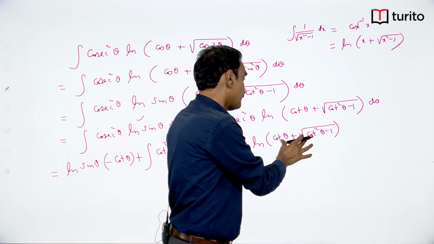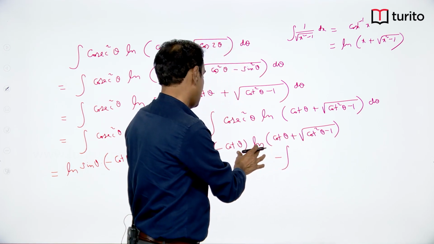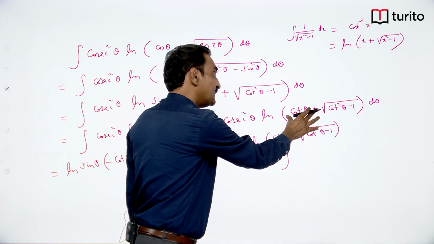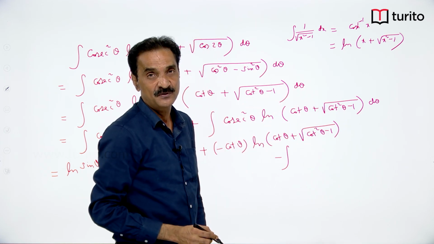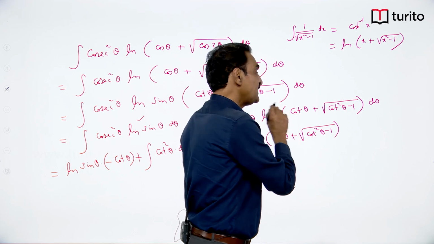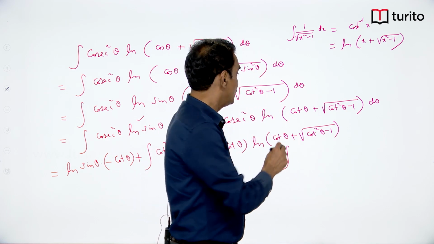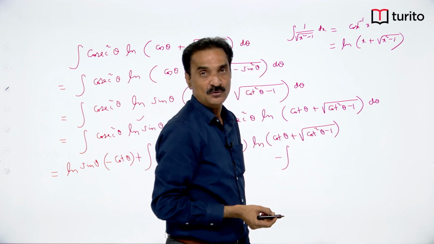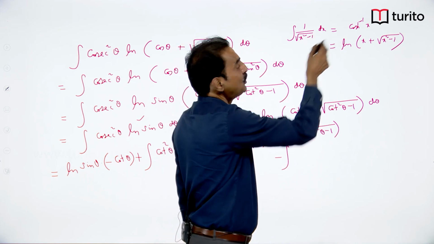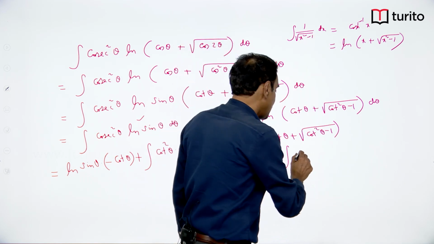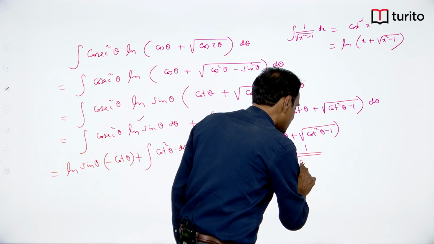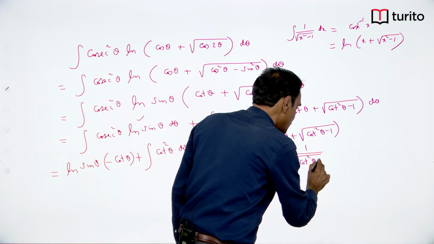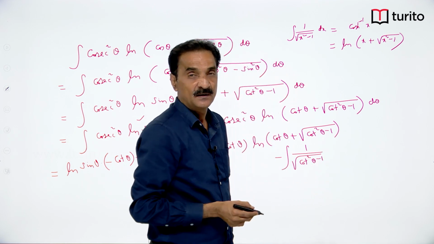So here we want the derivative of log of cot theta plus root over cot square theta minus 1. Assuming that cot theta is x, derivative of log of x plus root over x square minus 1 is 1 by root over x square minus 1. So it will be 1 by root over cot square theta minus 1.